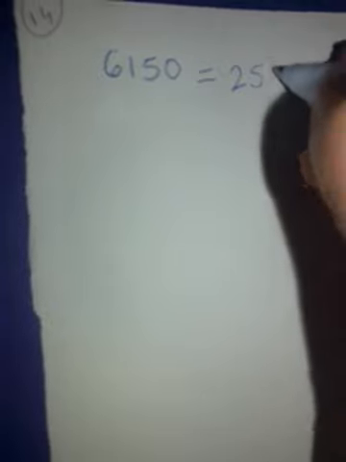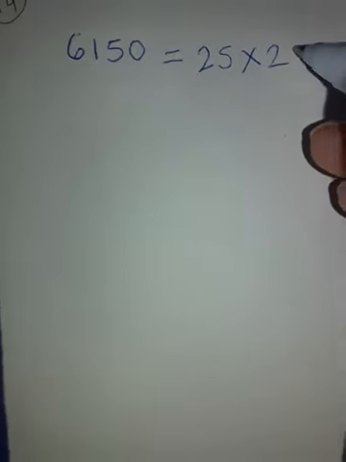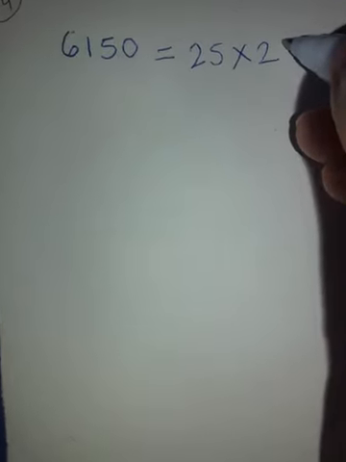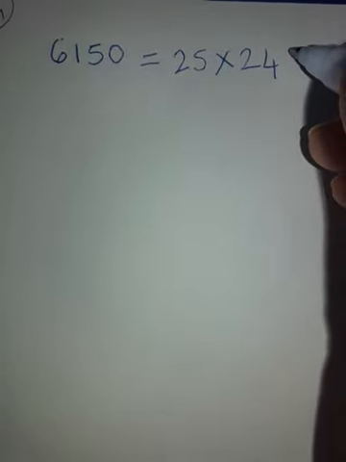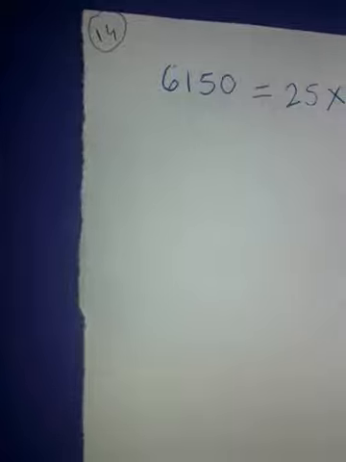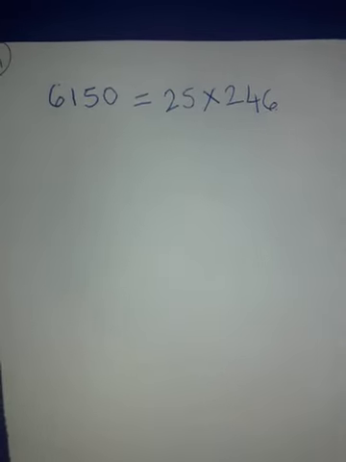Now if I divide it by 25, I asked you to do it orally. 25 2s are 50, 11 will remain, then 5, then 25 4s are 100, then it will be 15, and 25 6s are 150. So it will be 25 into 246.